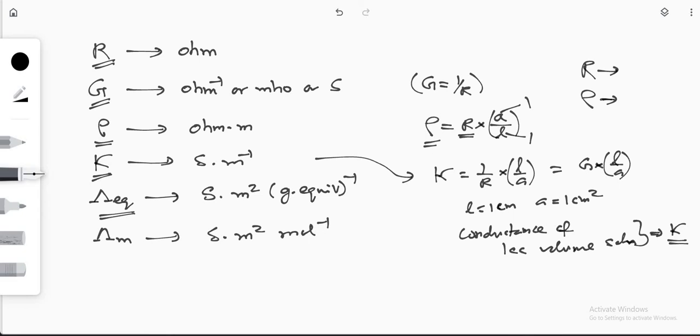If you add 1 gram equivalent of electrolyte in some amount of water, you will get a solution, and the conductance of that solution is nothing but equivalent conductivity. What is molar conductivity? Conductance of a solution containing 1 mole of electrolyte.